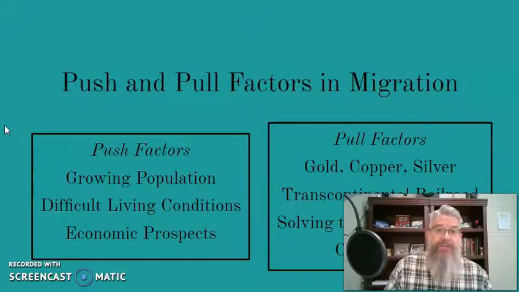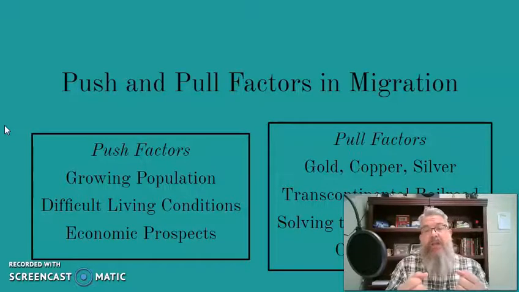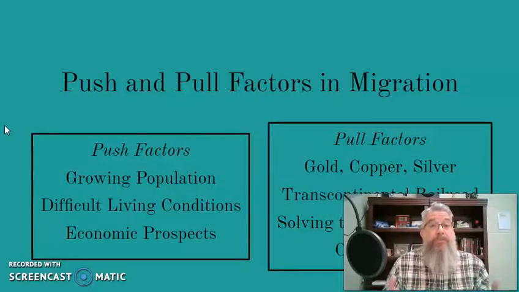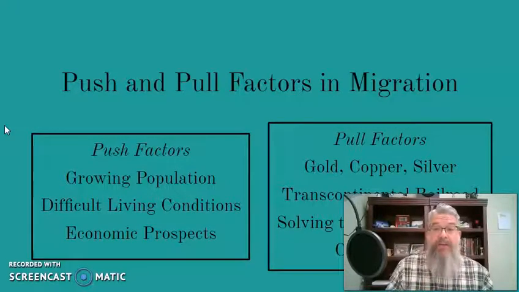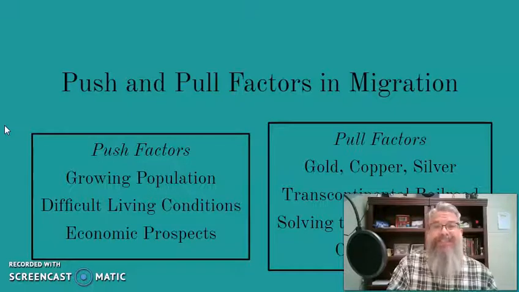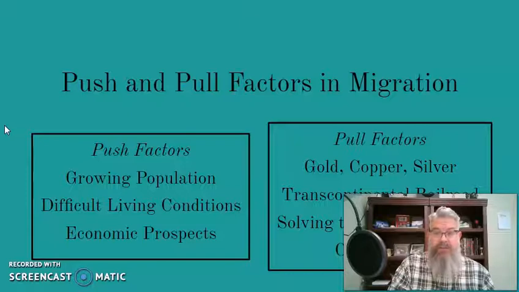Those are usually negative things, right? And pull factors are those pulling people into a new area. And those are usually positive things, right? Push factors and pull factors. Well, for American westward expansion, the push factors are going to be growing population in the east. Cities are getting bigger, which leads to difficult living conditions.